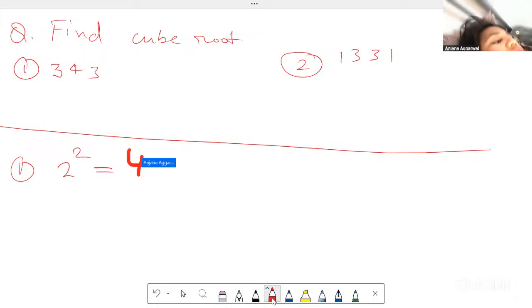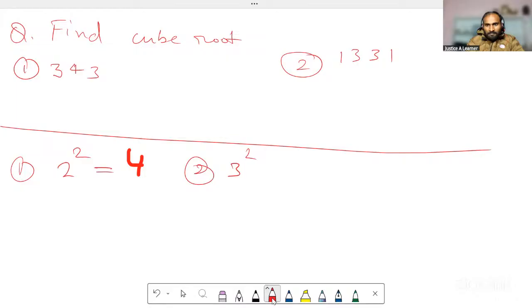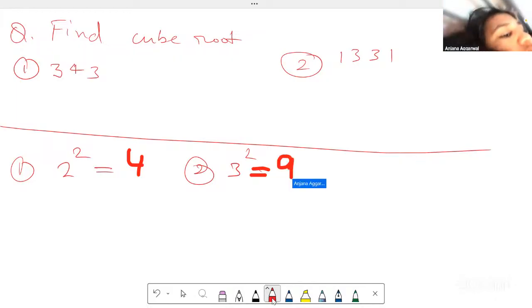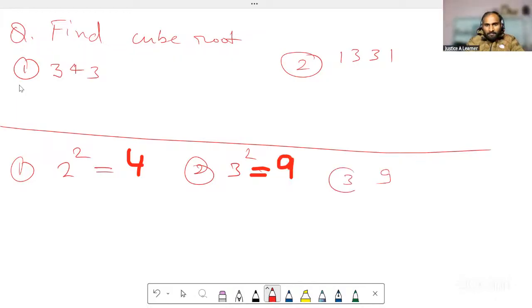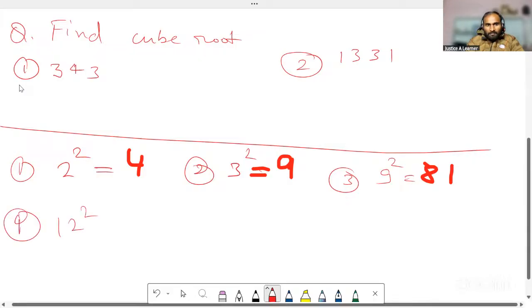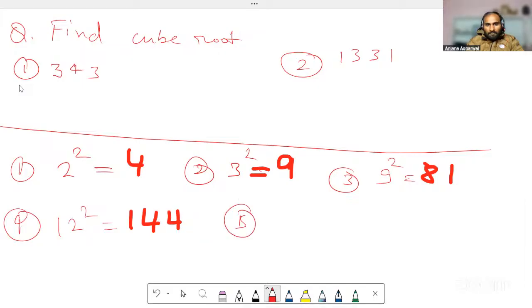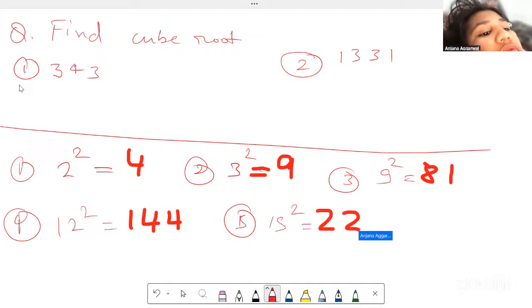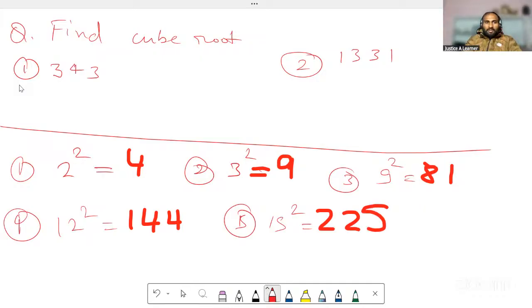For 3, 9, 12, 15. So up to how many squares do you just remember? I know 16, maybe 17, and 20.